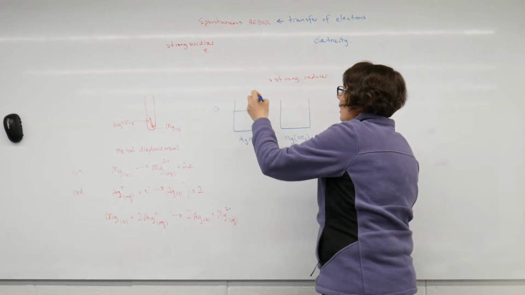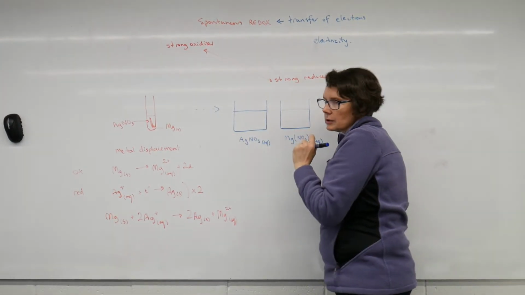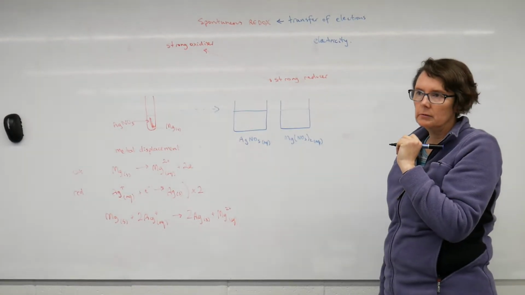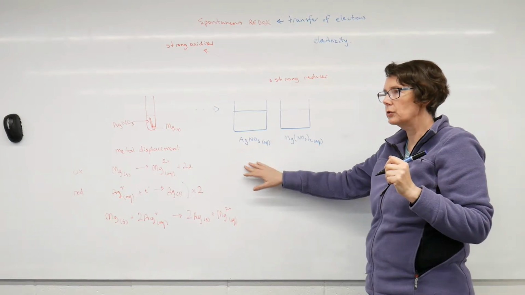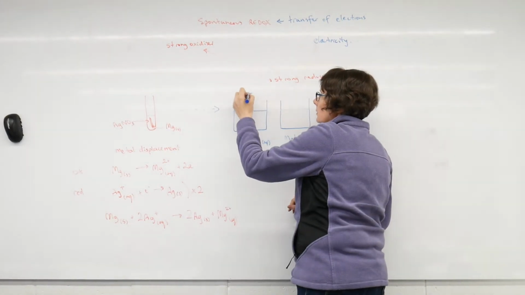And for each of these beakers, there'll be the corresponding metal. So we've got the silver ion here, so I need a silver electrode. Right, this is an electrode.